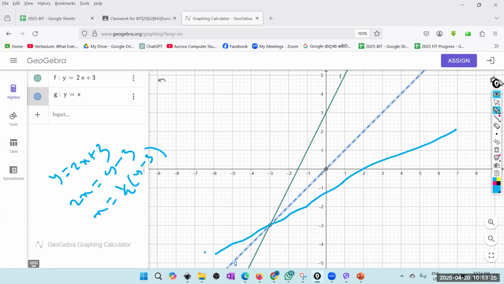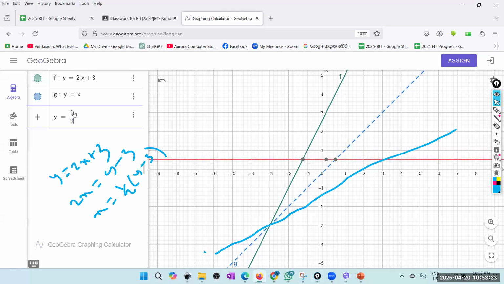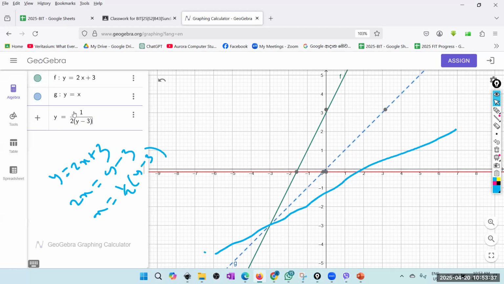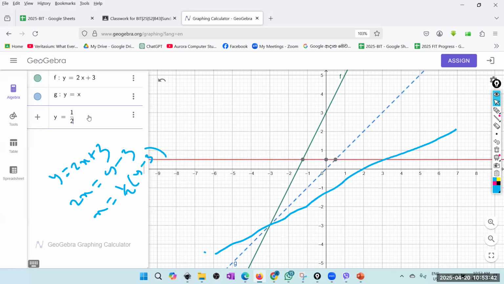Okay, let's see whether that is the case. Half of y minus 3.